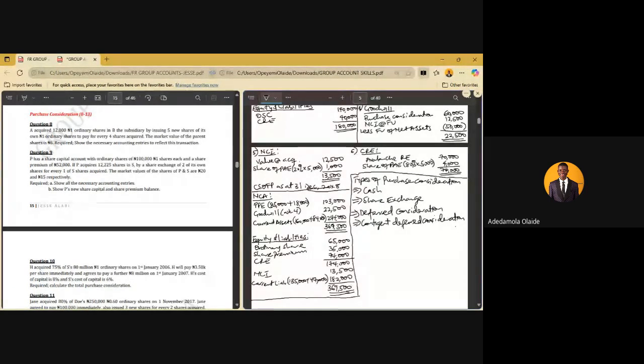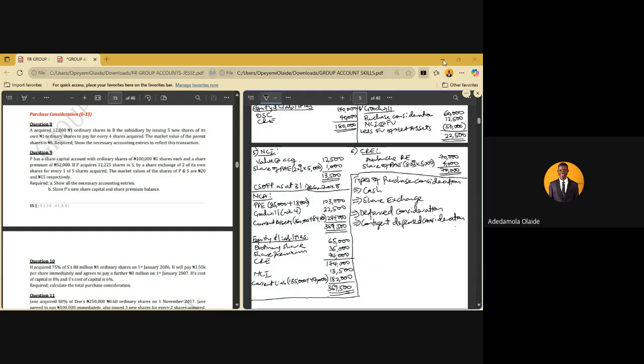So these are the 4 considerations we have, and each of these 4 has its own way that we record and use them in consolidation.